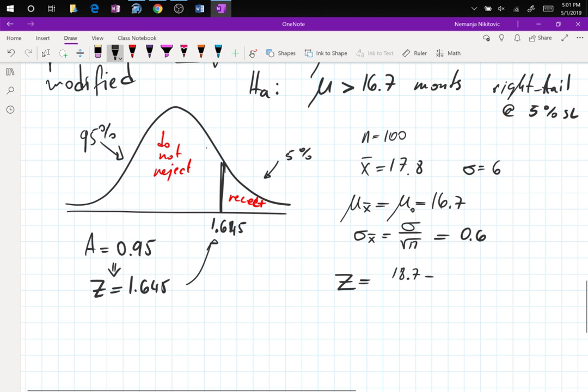Good. So it's 17.8 minus 16.7 divided by 0.6. We get the same 1.833333 forever. Now you see that that one falls into the reject region. So it matters which test you use.